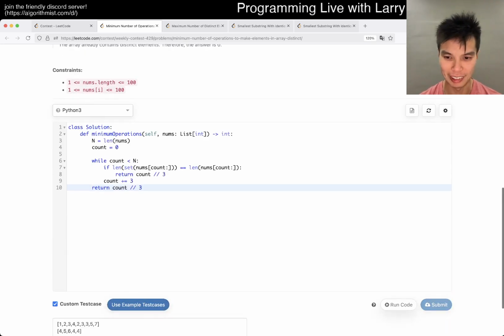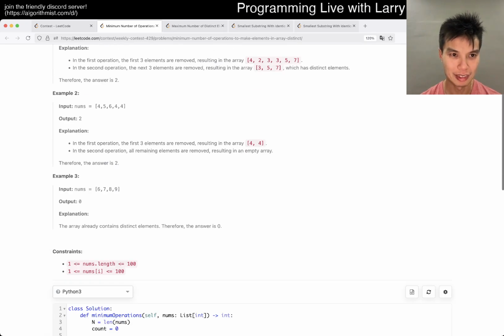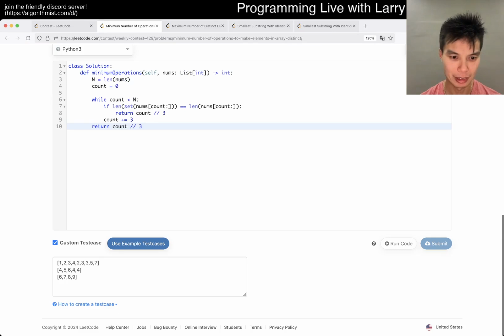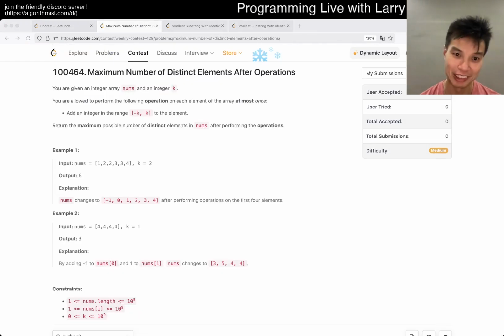This is very yucky, honestly, but it should be okay. Unless I misunderstood it, which is always possible, especially these days. I feel like I'm misreading everything. Nums and integer k. Each element at most once, add an integer, return the maximum after performing the operations. Okay.